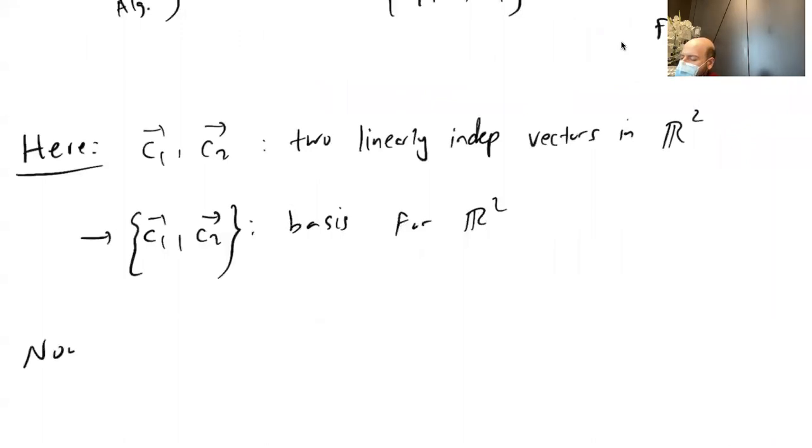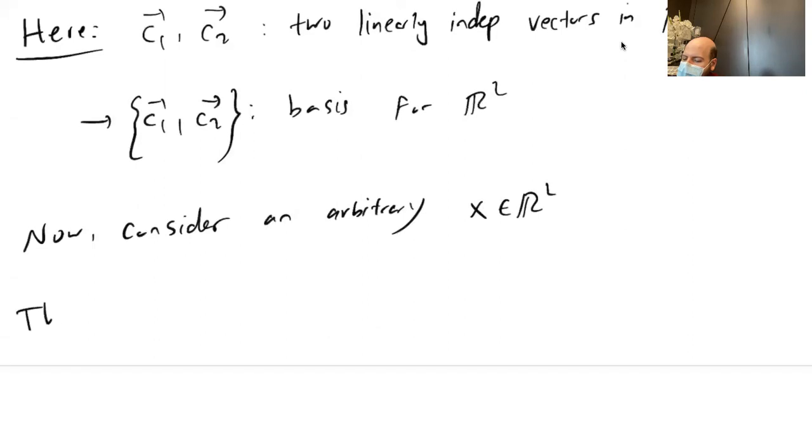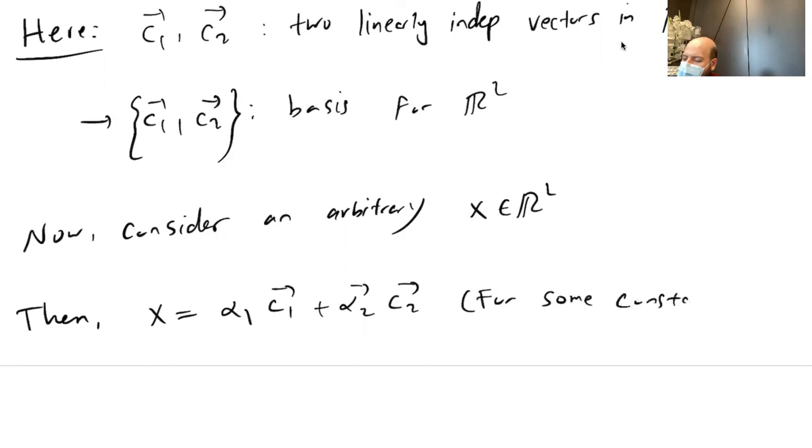So consider an arbitrary X in R2. Since C1 and C2 is a basis, I can write X as a linear combination of C1 and C2. Therefore X is equal to, let's say, alpha 1 C1 plus alpha 2 C2 for some constants alpha 1 and alpha 2.